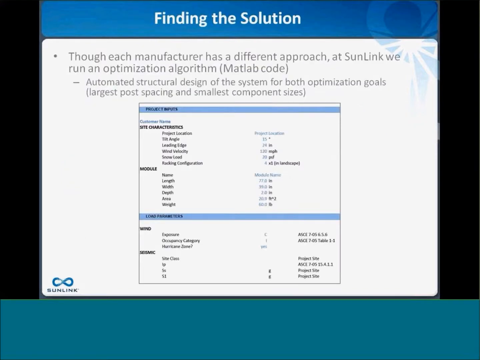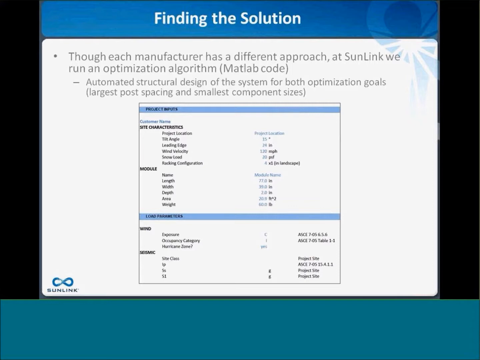So here at SunLink, what we're trying to do, we're taking in some basic project parameters which are listed in the table. Your tilt angle and the leading edge of your system, because those are parameters that are affecting the wind loads that we're getting from our wind tunnel data. And then the wind velocity and snow load obviously are directly affecting the quantitative analysis of your loads on your system.